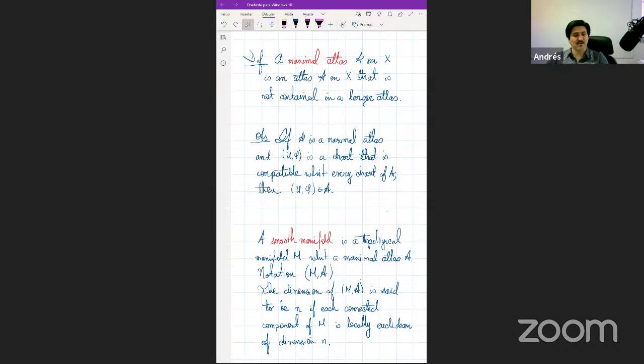And that's what a manifold is. A manifold is a topological manifold of dimension n together with a maximal atlas A. Okay?